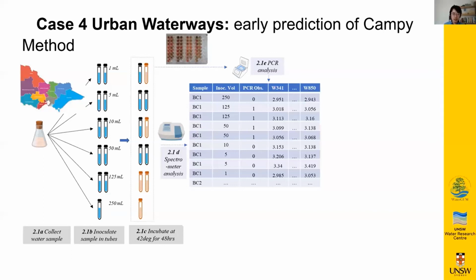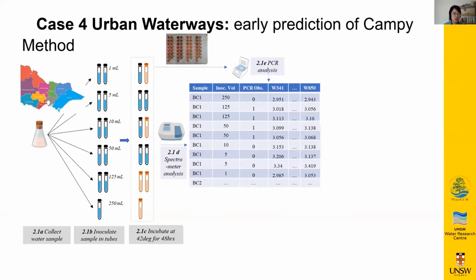Instead of that, we also took the incubated samples, and we found very different coloring of the tubes after incubation. So we thought maybe the color can represent something about the presence or absence of Campylobacter in those samples. That's why we ended up doing spectrophotometer analysis.